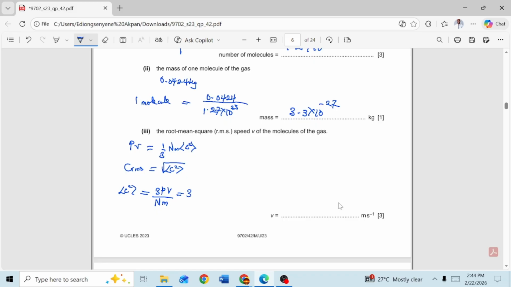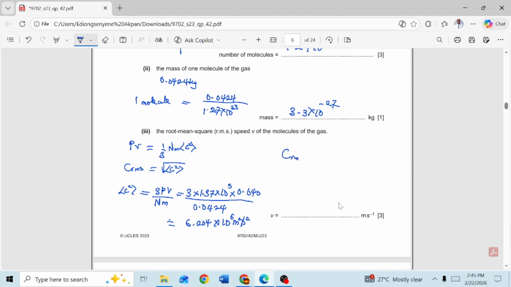This gives us 3 times 1.37 times 10 raised to the power of 5 that they gave us times 0.640, divided by the total mass that was given to us, 0.0424. This will give us 6.204 times 10 raised to the power of 6 meters squared per second squared.